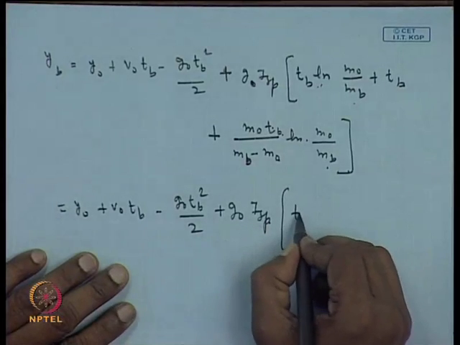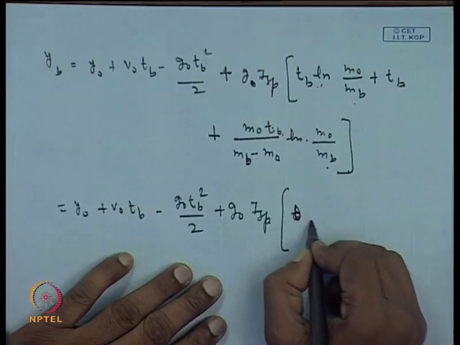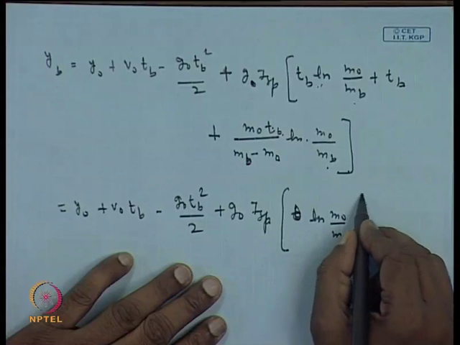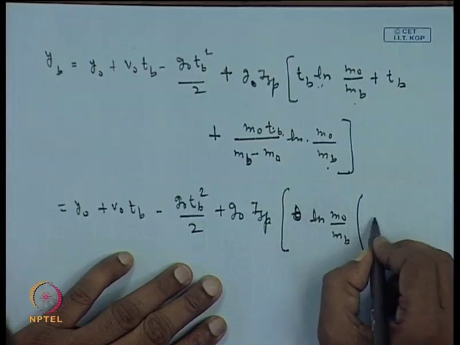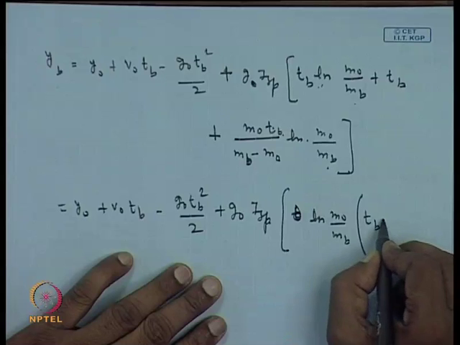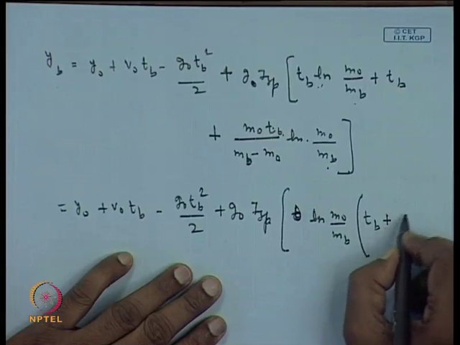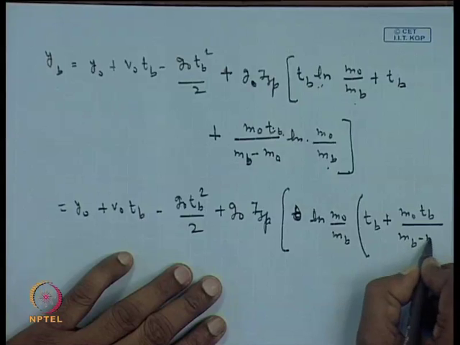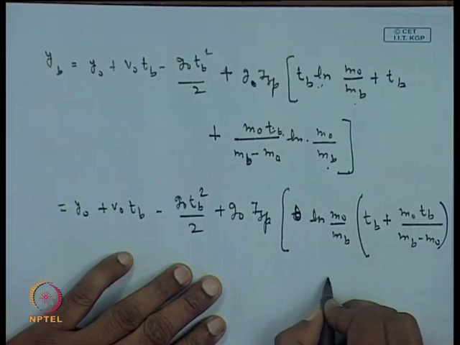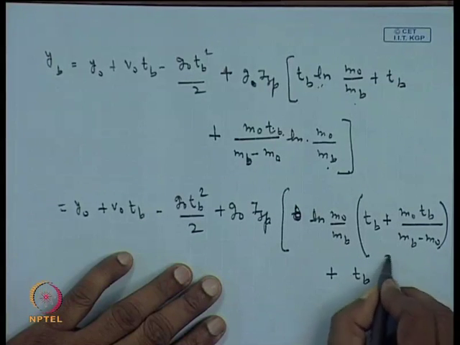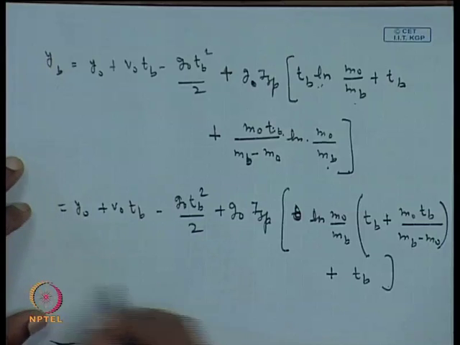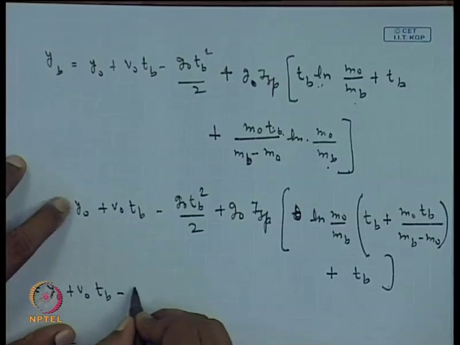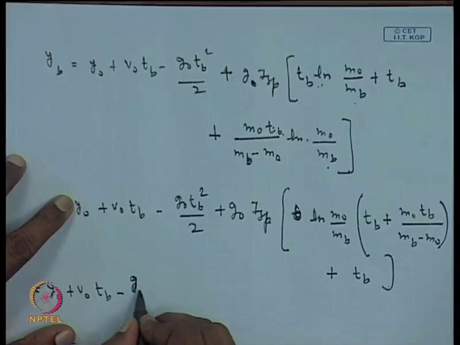We can take out the term ln m_0 by m_b outside, and then the quantity inside the bracket will be T_b plus m_0 T_b divided by m_b minus m_0, and plus T_b. This simplification is a little long, but not difficult.